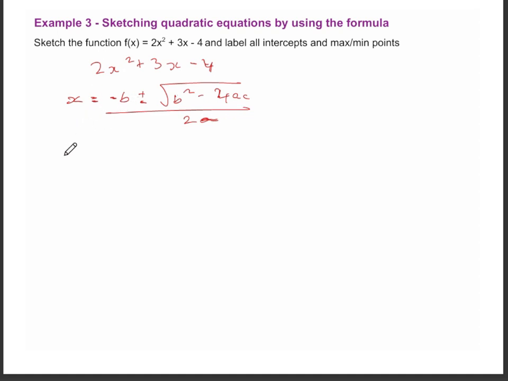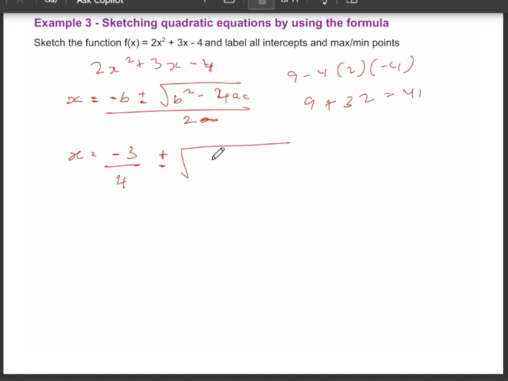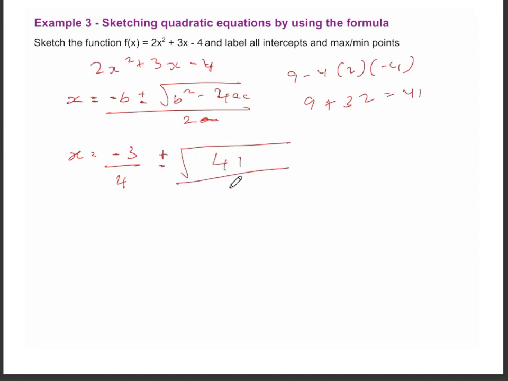Let's put in our values and split them as well. So x equals -3 over 2 times 2, which is 4, plus or minus the root of b squared, which is 9, minus 4 times 2 times -4, which is just going to be 9 plus 32, which is 41. And so the square root of 41 over 4. And that's going to be our x values.